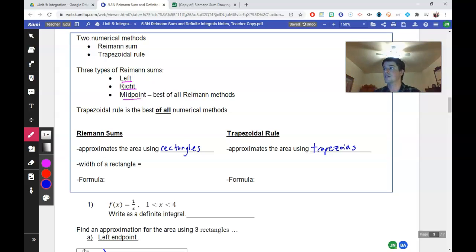Let's say we have an integral from a to b of f of x dx. Remember, that's the area under the curve from a to b, and the width of the entire thing is going to be b minus a. But we have this number n. N is the number of rectangles that we're using. So if we take that entire width and divide by n, you get the width of each individual rectangle.